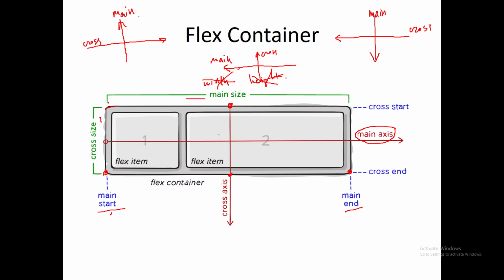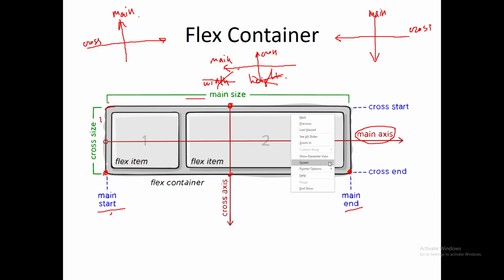Because, remember, I said Flexbox is direction agnostic. We can always change the orientation of the main axis, and if we change the orientation, the width becomes height and height becomes width and so forth. So we use these words instead of width and height because everything depends on how our main axis is aligned. Let's go to the next slide.